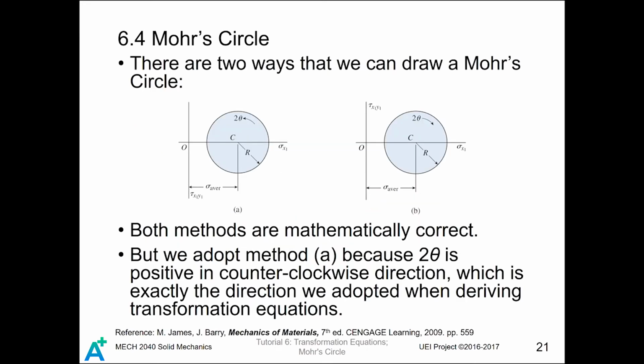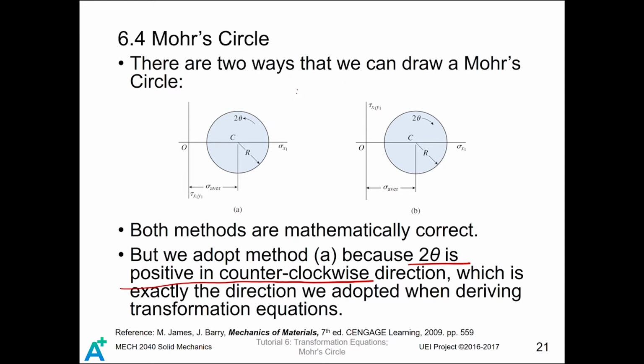For a Mohr circle, there are two ways that we can draw it. One is the ordinary coordinate system, with sigma x1 and tau x1y1. However, we seldom use this in the solid mechanics course. It is because 2 theta is positive in the counterclockwise direction, as we defined at the beginning, which is exactly the direction we adopted when deriving the transformation equations.